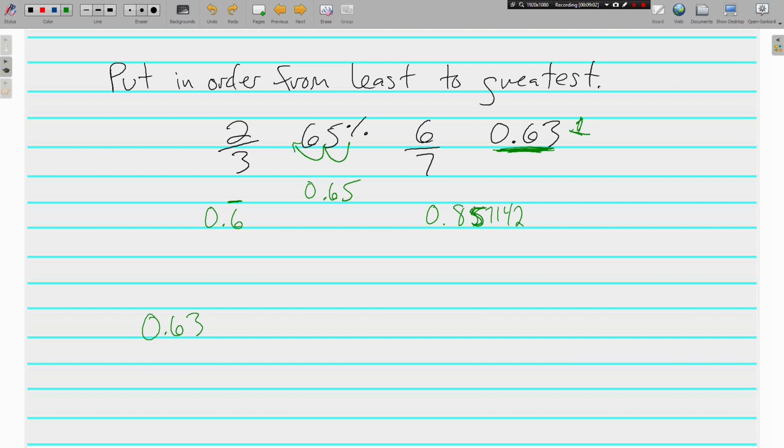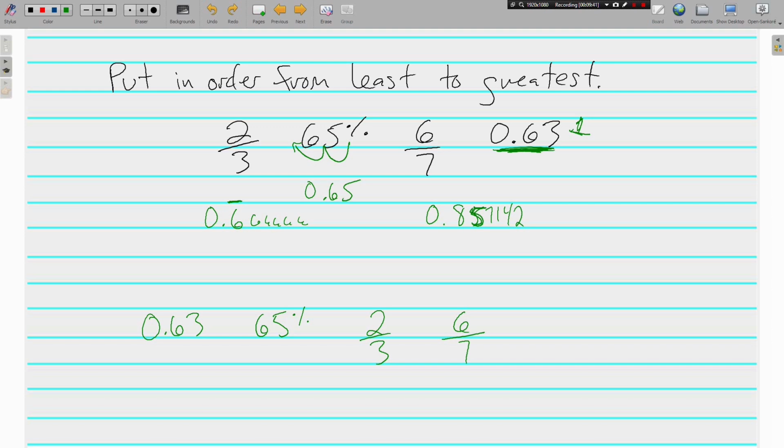The next smallest one, it looks like 0.65 is next because it's 65%. 2/3 comes next because 0.6 repeating, even though it goes on forever, that's still going to be less than something that's 0.8. 0.8 will always be more than 0.6 no matter how long it goes. So 2/3 comes next, and 6/7 is the largest out of the 4.